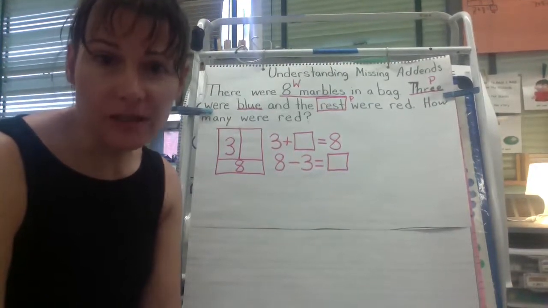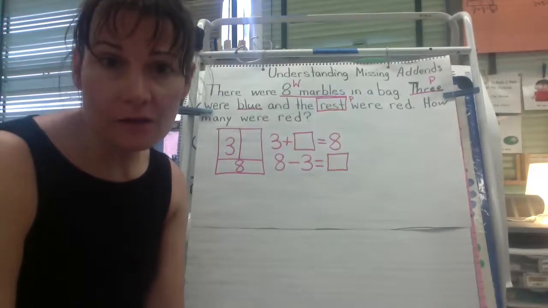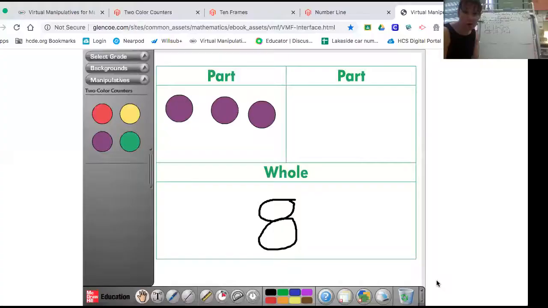But first, let's think about our part whole model. For those of you at home, I'm going to show you my part whole mat. So I knew that my whole was 8, and the part that I knew was 3. So I'm going to use my counting on strategy until I get to 8.